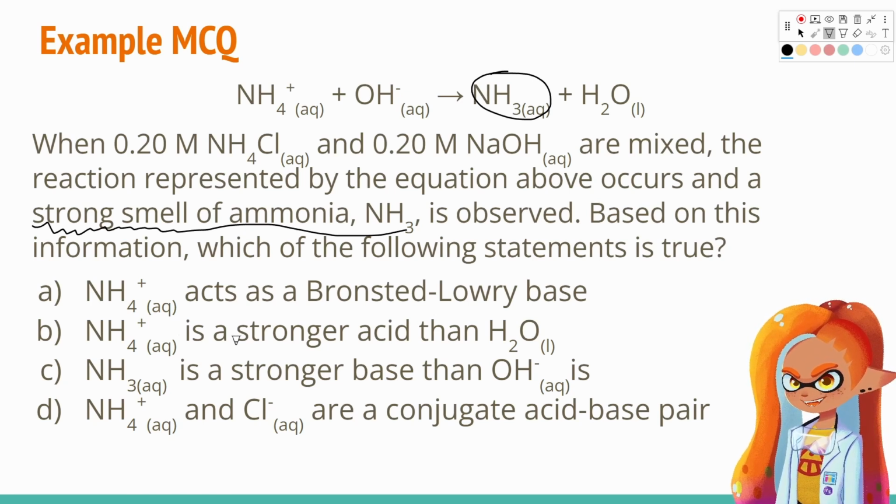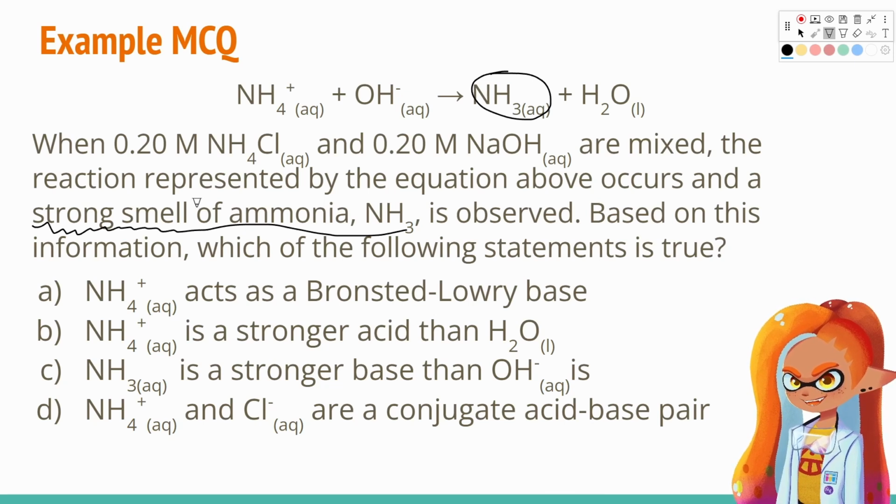Okay, now let's look at part C, even though I already talked about part B. So for option C, we have the NH3 is a stronger base compared to OH, right? And so this NH3, again, if this was reversed, it's accepting the H from water. This OH is accepting an H from NH4. But again, this is not really acting like a base because we have hella of the NH3 because, again, it is a strong smell.